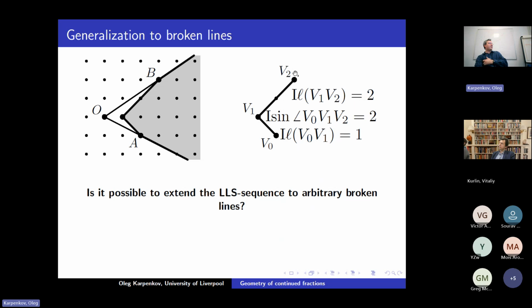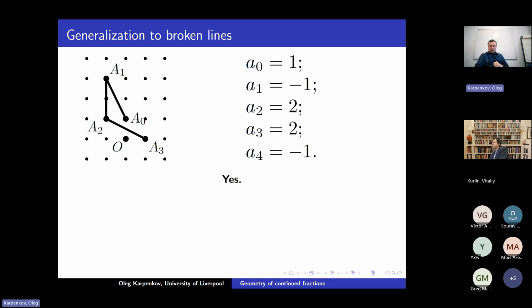But if you ask me, okay, I don't want to work with convex stuff, I would like to deal with normal broken lines, like in computer science, where quite often you really need some broken line and you would like to have some invariance. So yes, of course, you can do that, but then some of the numbers will be negative.